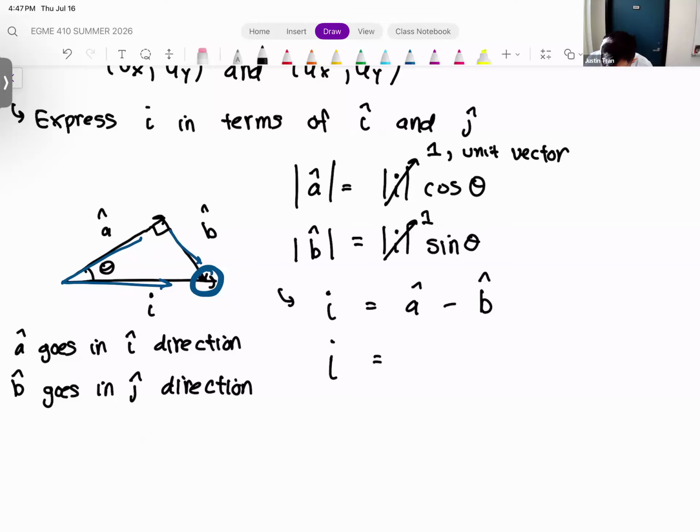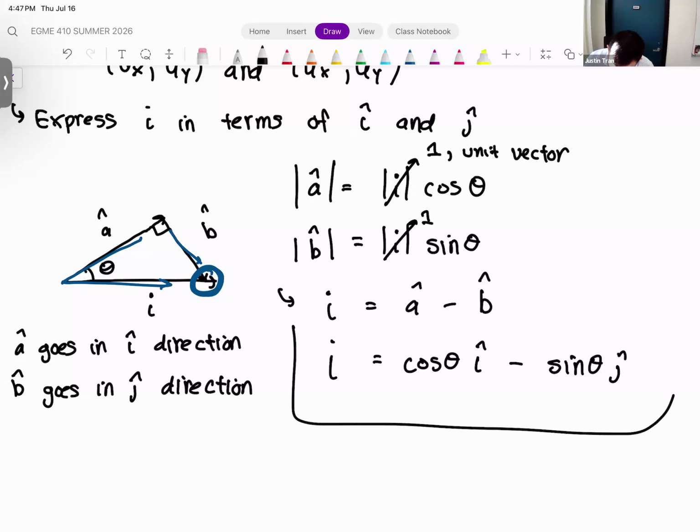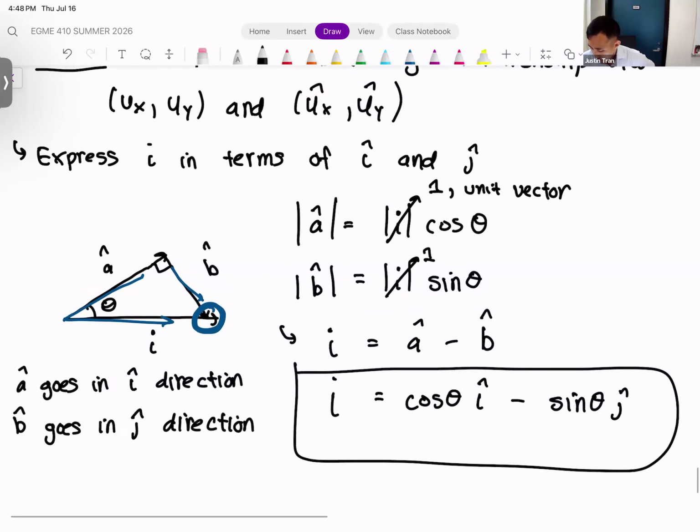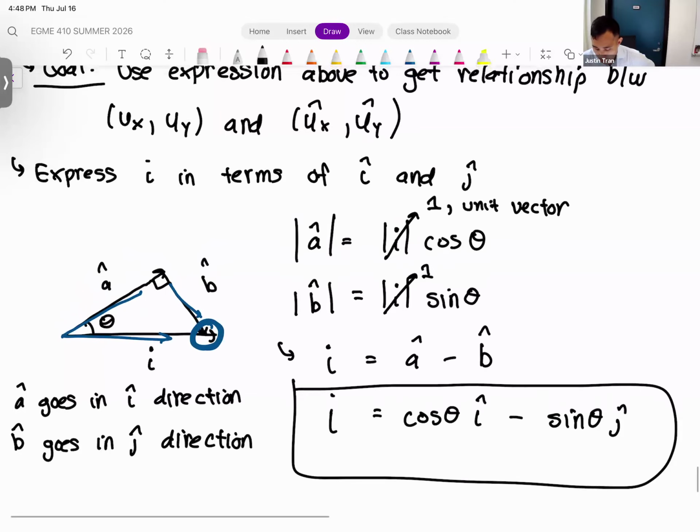So I is equal to cosine theta multiplied by I hat minus sine theta multiplied by J hat. We used a little bit of trigonometry and vector algebra to get this result.